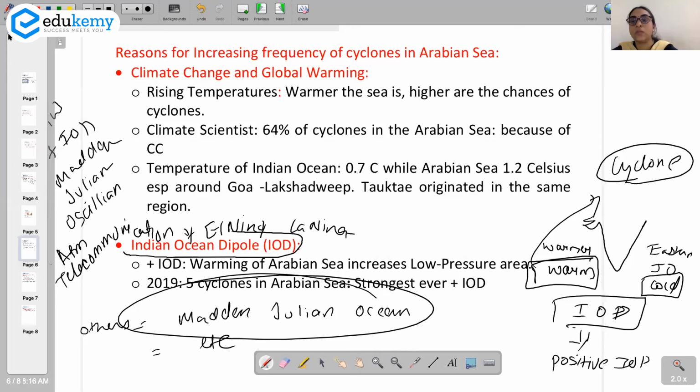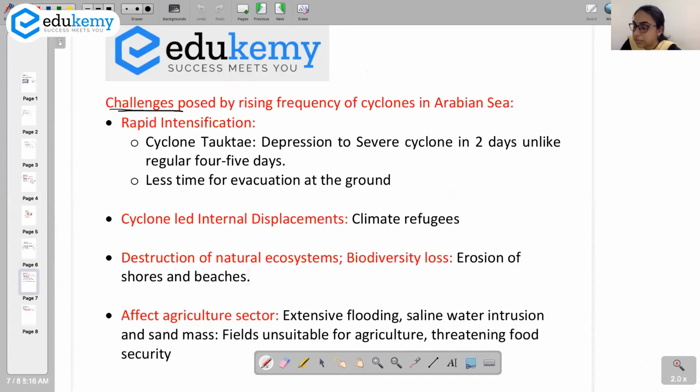So after the reasons, we would be dealing with the impact of the increasing number of cyclones in the Arabian Sea. What is the challenge that the increasing number of cyclones is leading to? It has a lot of issues.